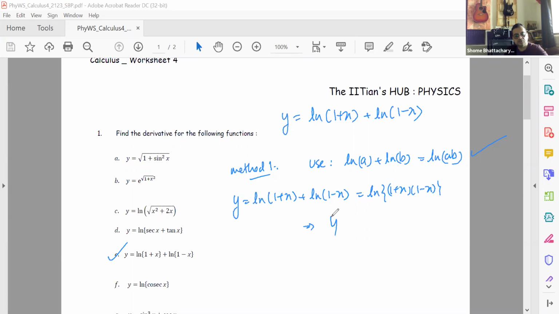So that further means that y is equal to ln 1 minus x. Now you use substitution. So 1 minus x square is z, y is ln z.